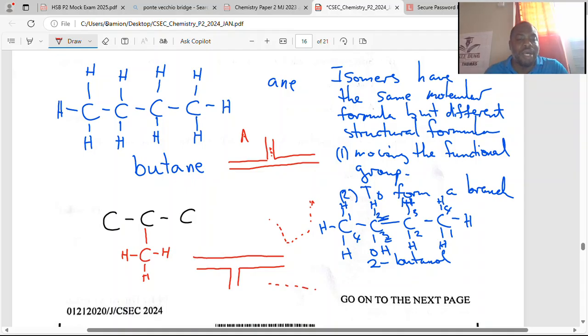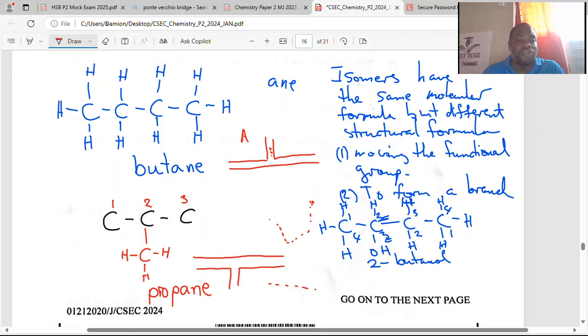So what is the backbone name? Propane. Now, here's the thing. For this, you don't have a variation, because when you now have a branch, the aim is just as how you treat your functional group.